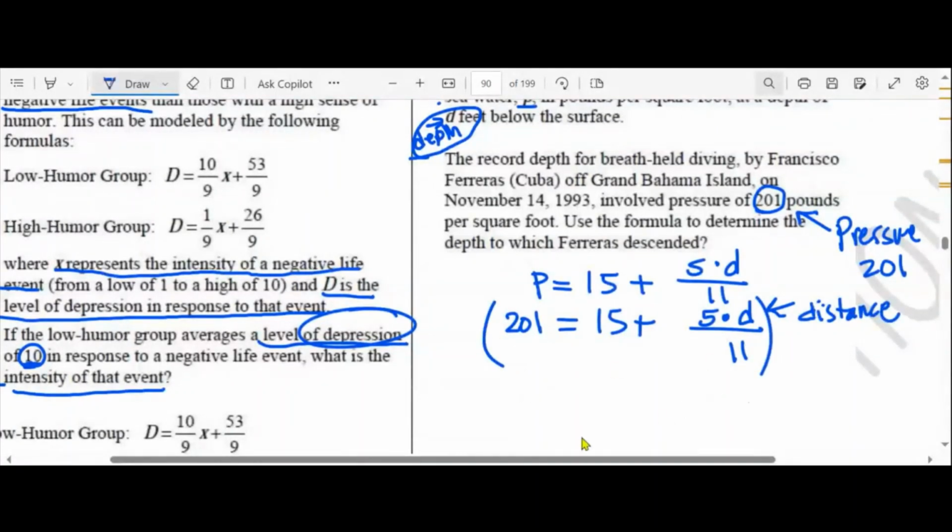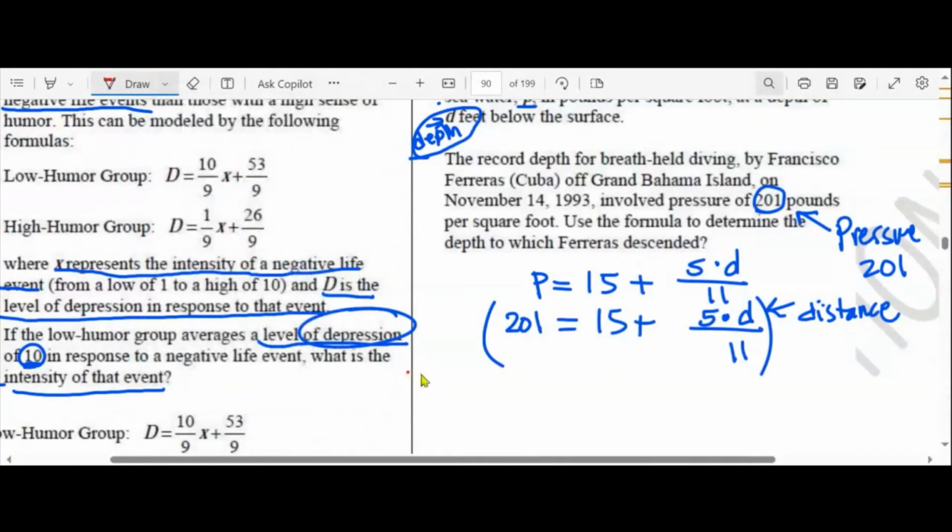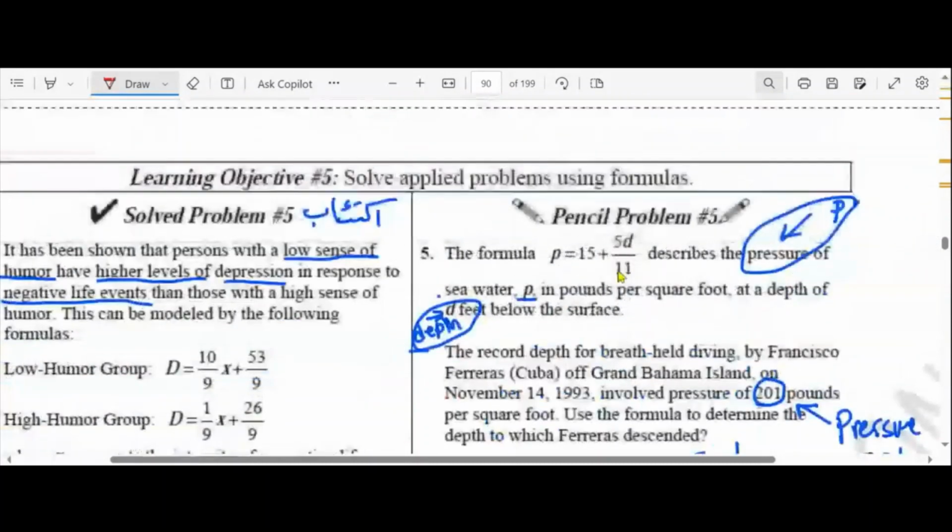How can I solve this? Who can tell me what I should do? Minus 15. I have to multiply times what? To isolate, multiply times 11. Why should I multiply times 11? So I can cancel the denominator, correct? Cancel the denominator. Don't we have 11 here?